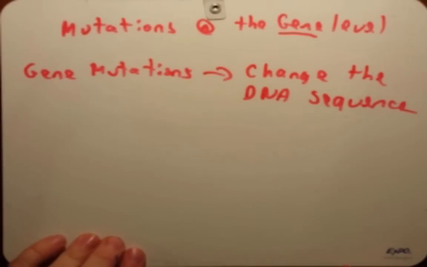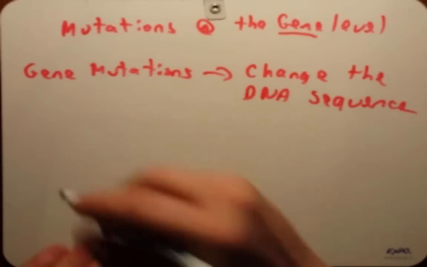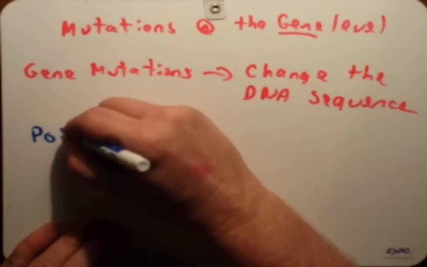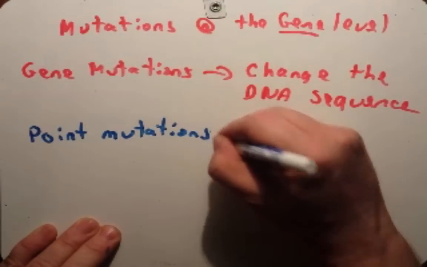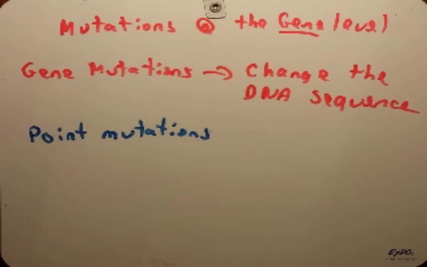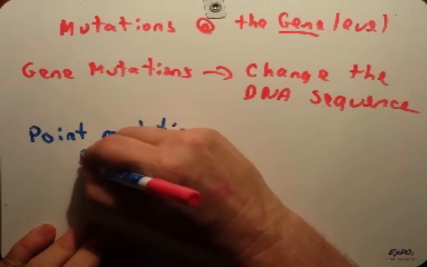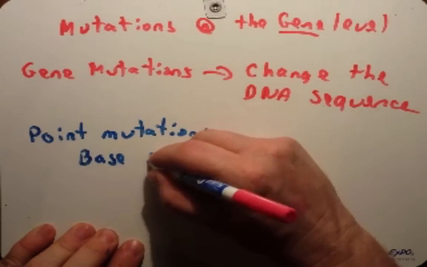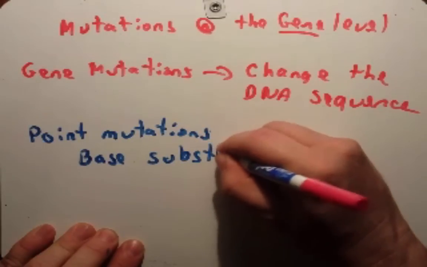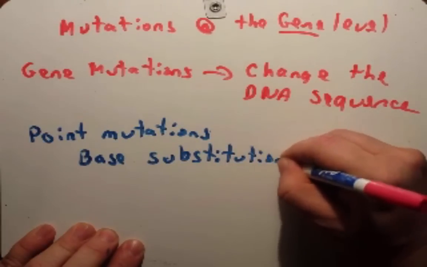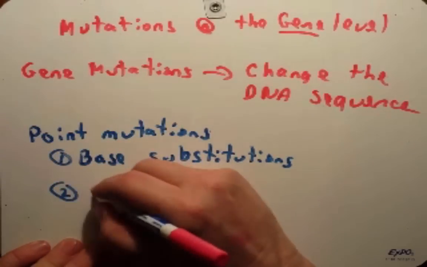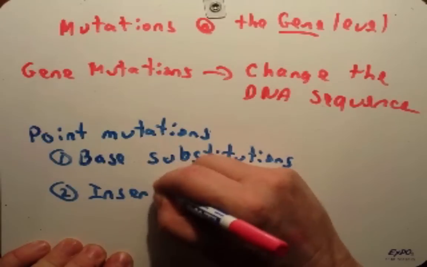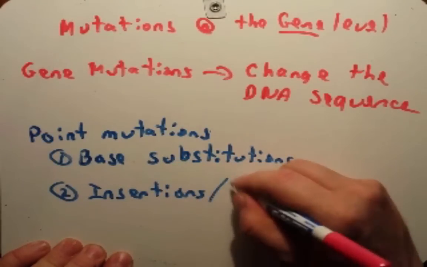And when we have a single mutation, a single nucleotide that's changed, we call these point mutations. And we can think of these as being base substitutions, or insertions and deletions.